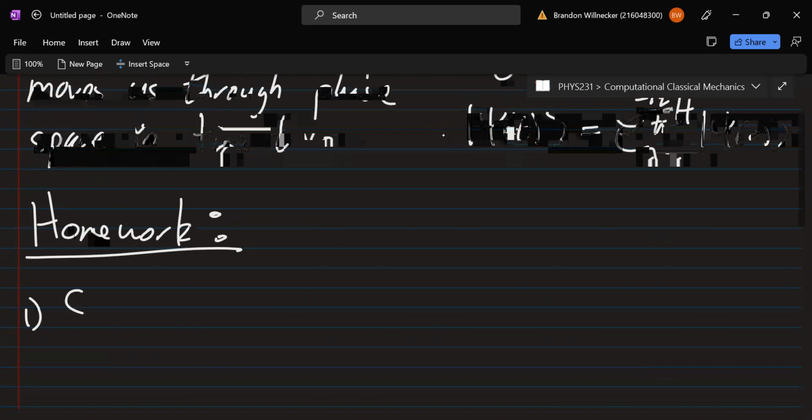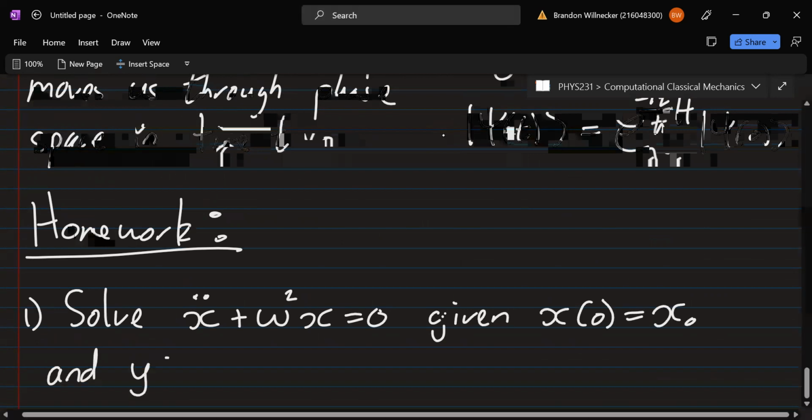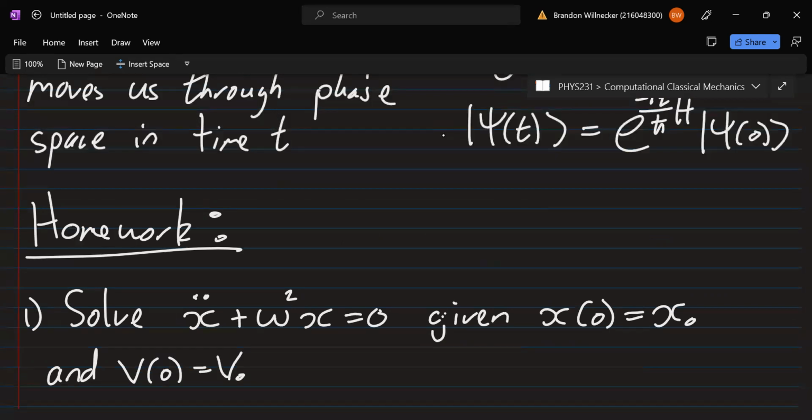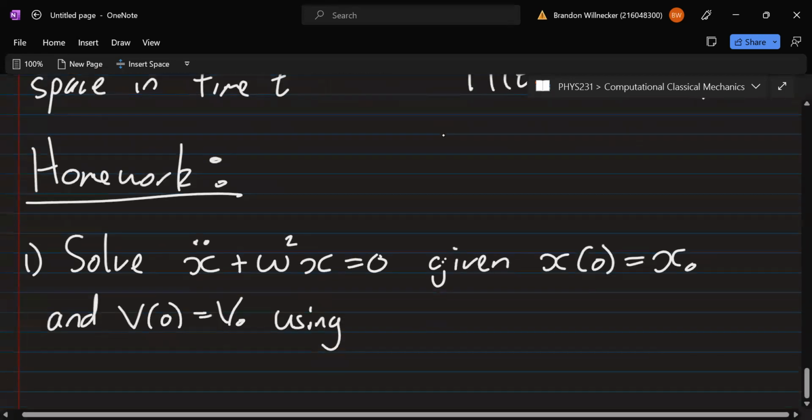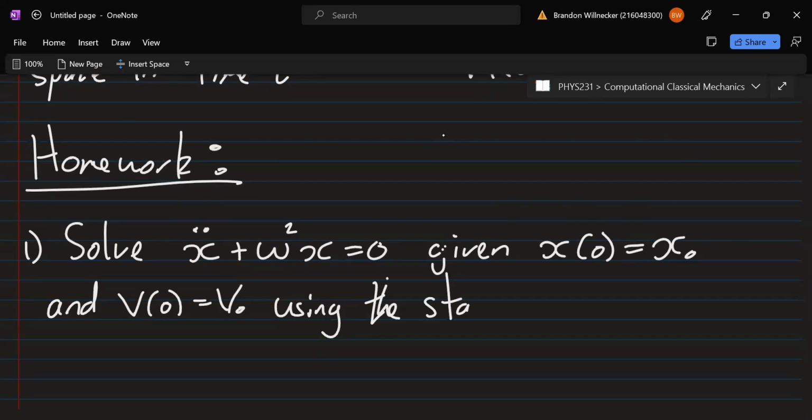Okay, so number 1, solve this: x double dot plus omega squared x equals 0, given x at 0 is x naught, and v at 0 is v naught, using those methods we looked at before, so using the standard methods for second order differential equations.